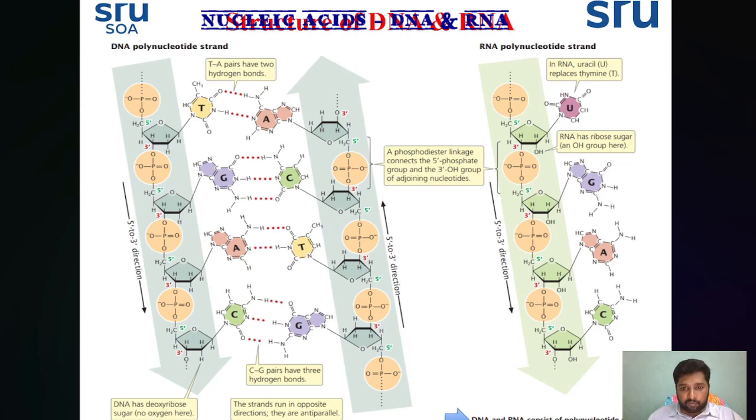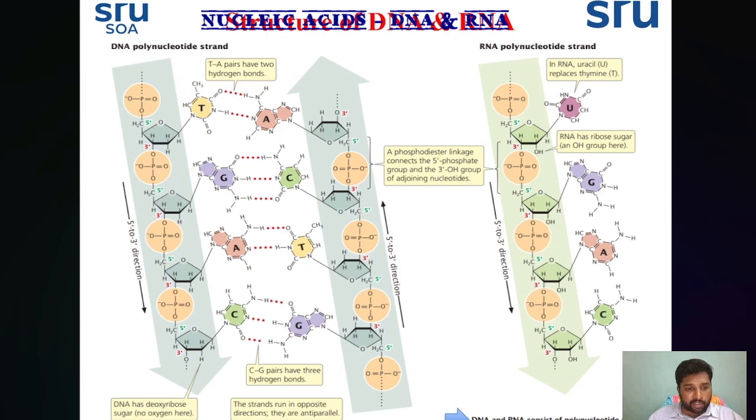If you observe this structure, the phosphate group is there, the nitrogen base, along with hydrogen bonding between two nitrogen bases. I mean two hydrogen bonds between adenine and thymine, and 3 hydrogen bonds between guanine and cytosine.